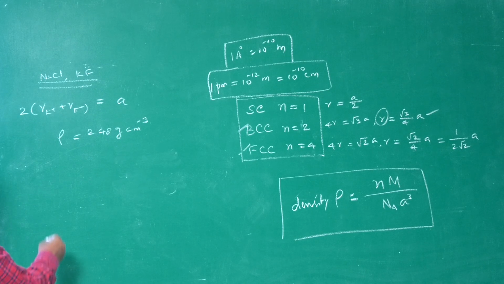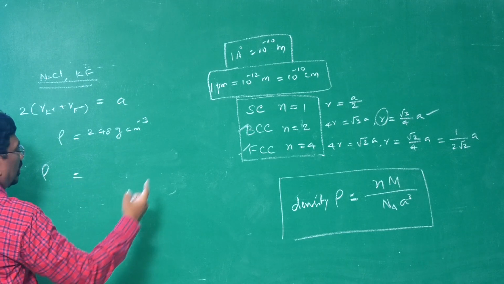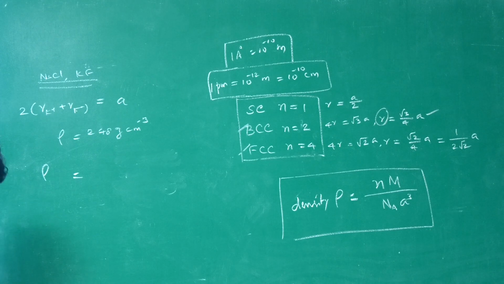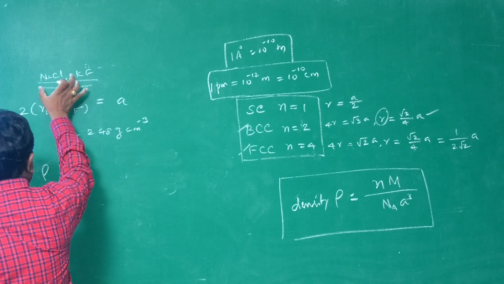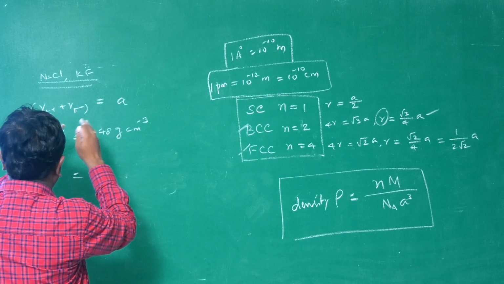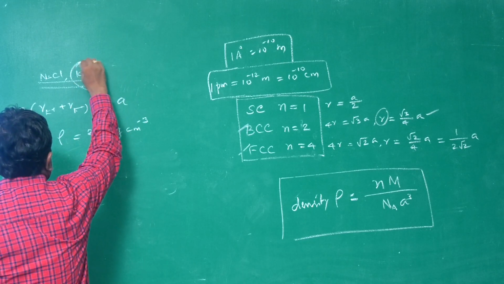So rho is equal to number of molecules, which will be 4. Edge length is asked here. N is equal to 4: 4 sodium ions and 4 chloride ions, or 4 potassium ions and 4 fluoride ions. Here it is KF, therefore N is equal to 4.